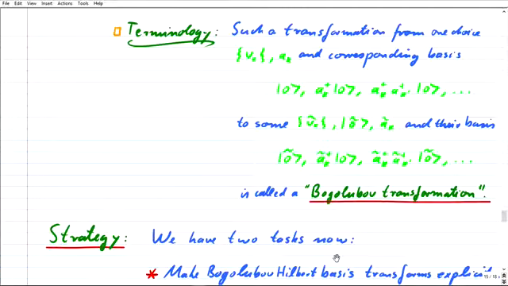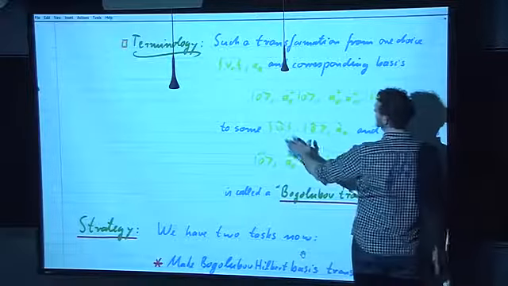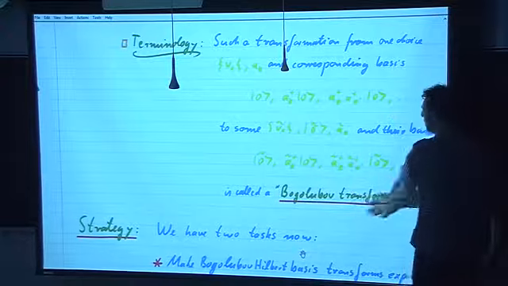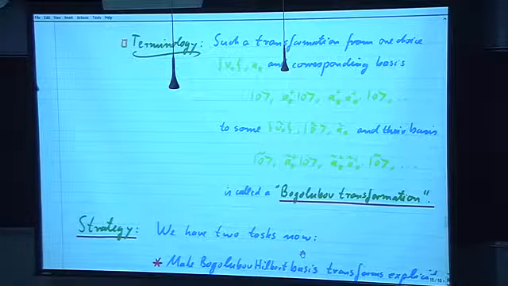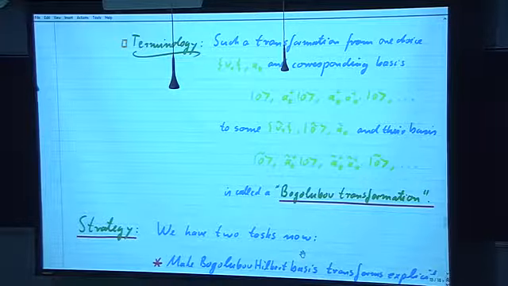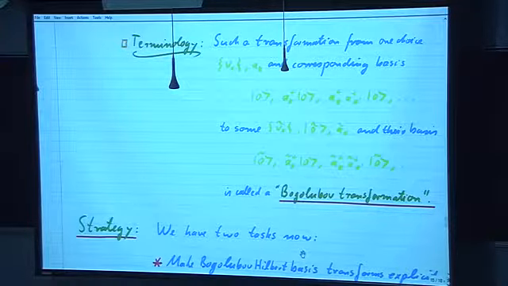Any such transformation from one choice of mode functions with raising-lowering operators, to some other, and the associated Hilbert basis to some other choice is always called a Bogoliubov transformation. So clearly, if you have a Bogoliubov transformation from a first set to a second set, and then from a second to a third, there's also a Bogoliubov transformation from the first to the third.